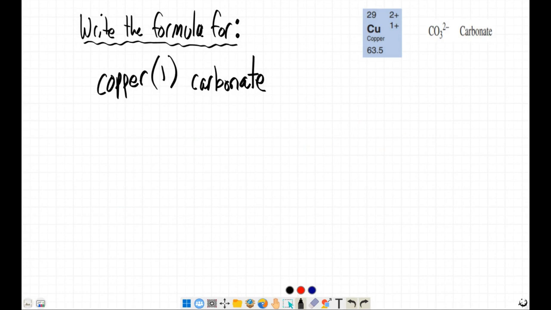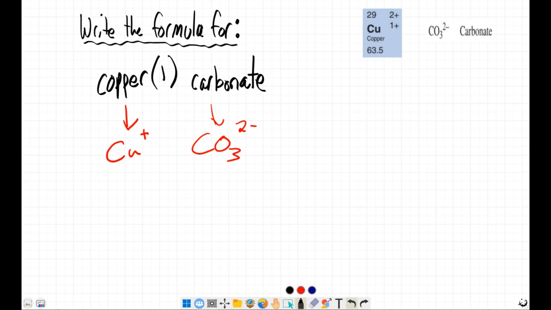One final example that includes a bit of everything. We have copper, which is Cu, and the Roman numeral tells me that this has a 1 positive charge. And then we have carbonate, which is CO3, and that comes with a 2 negative charge.